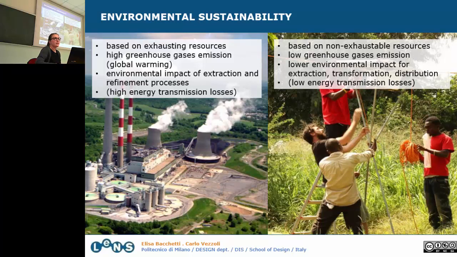On the other hand, of course, they have some impact, because maybe a solar panel is not producing any pollution during the use, but to make it, of course, we still have an impact. So we have also to consider this. We should not say that distributed renewable energy is fine and fair for everything. We have to be careful on this also. And then, since they don't move energy so far, they have low energy transmission losses. So this is about environmental sustainability of DRE.